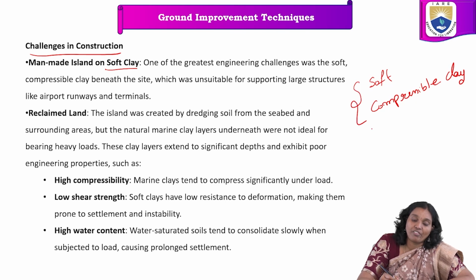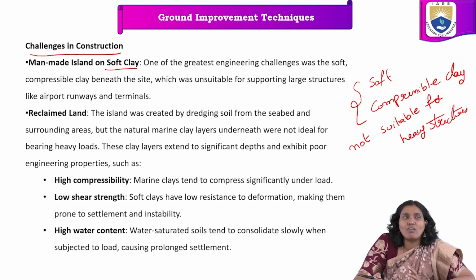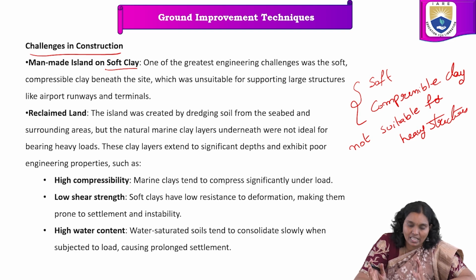This kind of environment is not suitable for heavy structures. But as per the various parameters involved in choosing this site, we have to select that particular area for this airport.